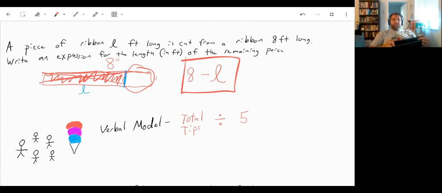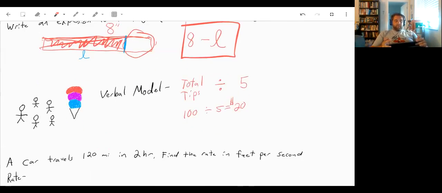You need to give me enough information that it can be solved, not just stopping here. So like if I said, we got $100 in tips for the day, then that would be 100 divided by 5, so everyone would get $20 in tips. That would be a scenario that you could try to set up.